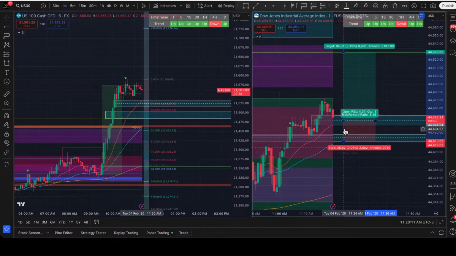There you go, right into the fair value gap. Want to see if it touches this 20, and if we get an engulfing candle.